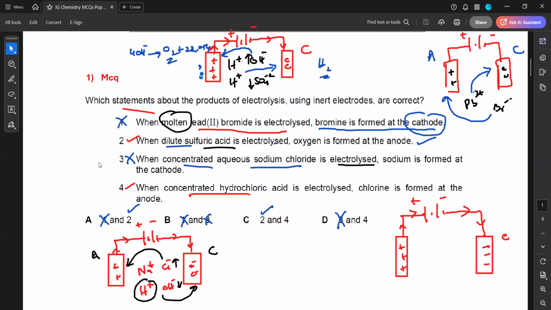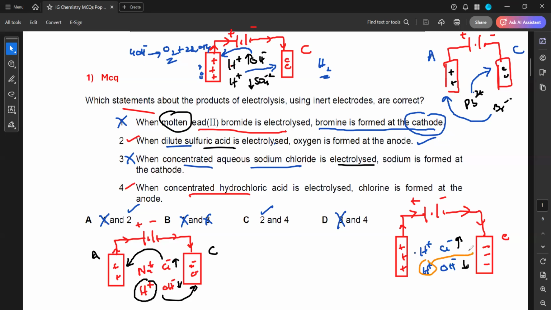Now, it's a concentrated hydrochloric acid, so it contains a hydrogen ion and a chloride ion, and acids and alkalis are aqueous, so it also contains water. Whether it's a concentrated or a dilute solution, the water is there, the amount will be different. In a concentrated solution, we have more salt and less water. So first the hydrogen will move, hydrogen is a positive ion.